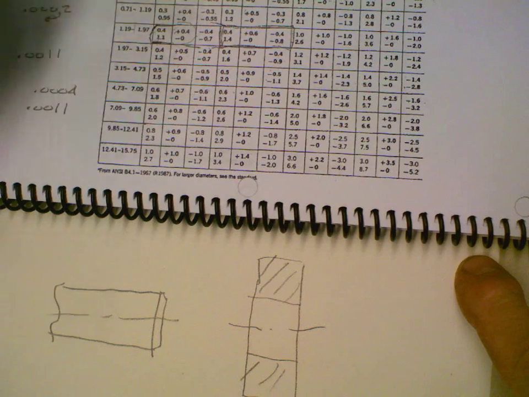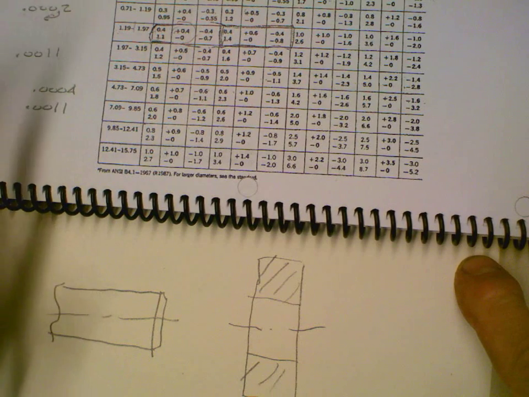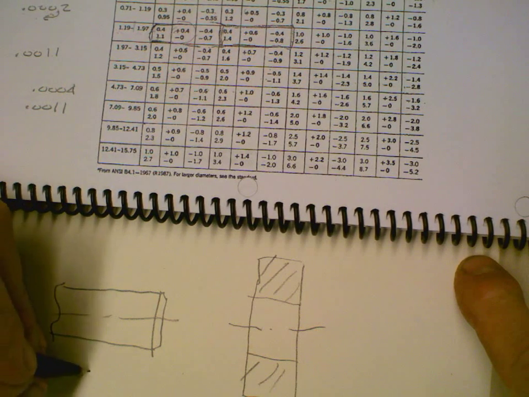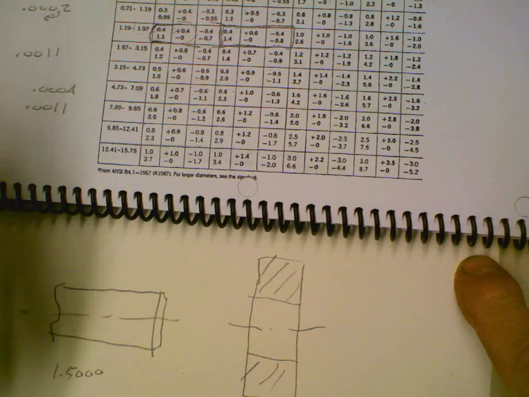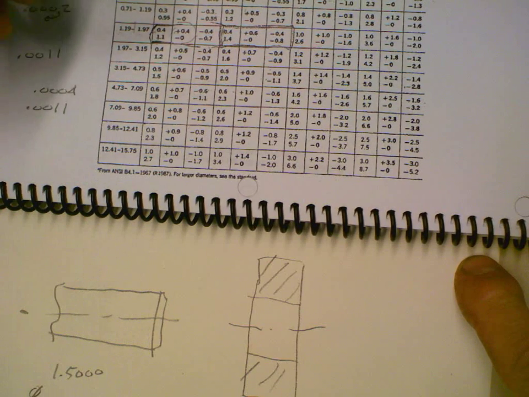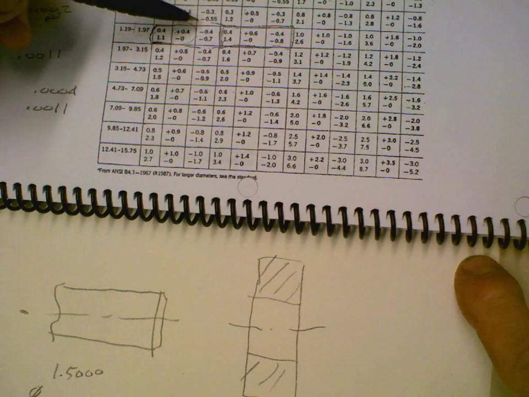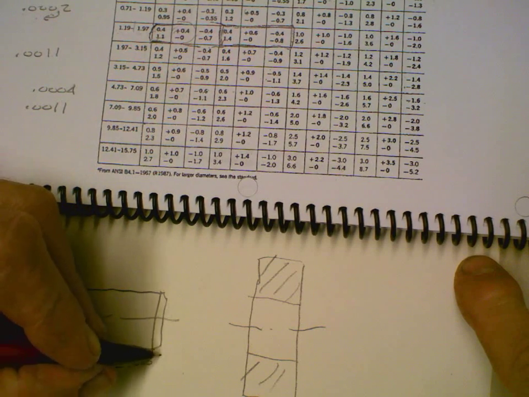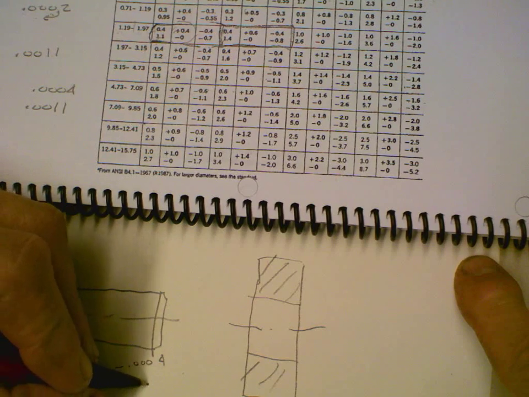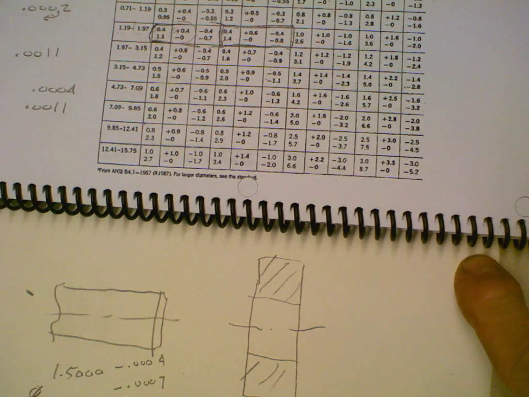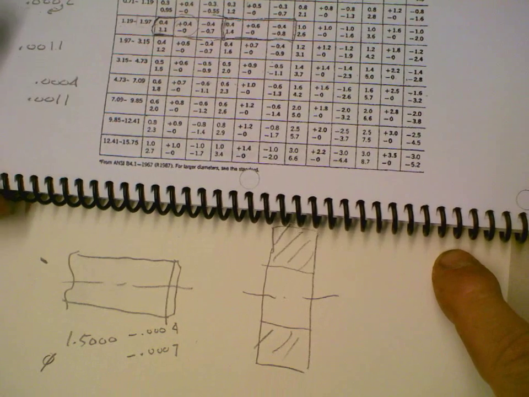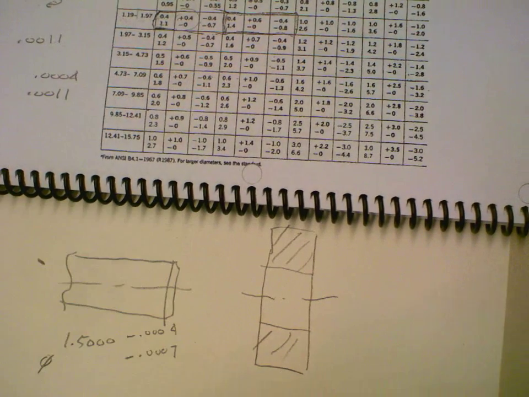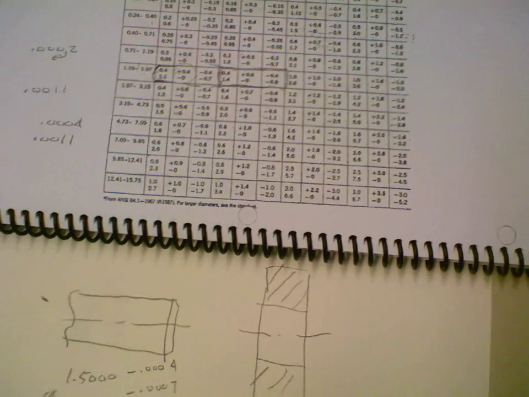Now for the shaft, it's 1.5. 1.5000 is the basic size, and they say for the shaft you want to subtract 0.4, so you subtract 0.0004 and subtract 0.0007. All right, so we're subtracting that.